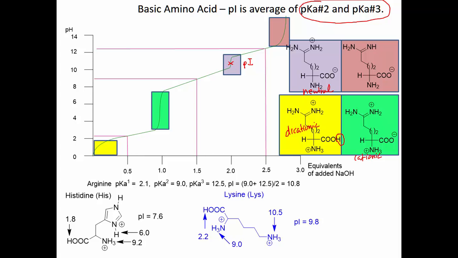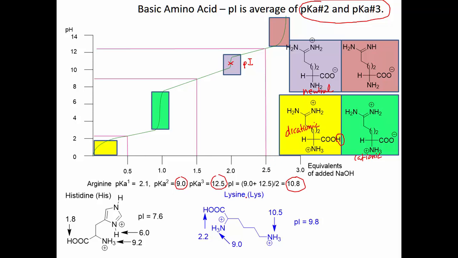So that's where we achieve neutrality, sometime between the second and the third deprotonation. Okay, so when we average the pKa 2, 9, and pKa 3, 12.5, we get right here at 10.8, and that is the pI for arginine.